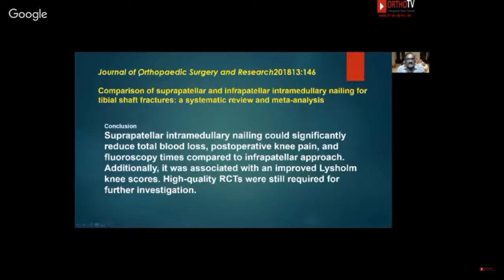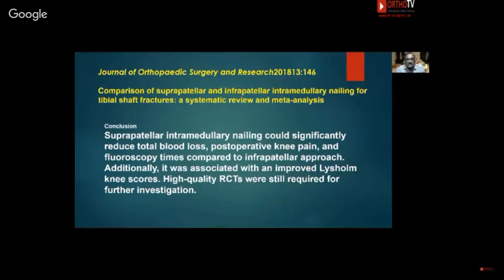Now these are the recent articles. There is a 2018 article, comparison of suprapatellar and infrapatellar nailing in tibial fracture, a systematic review and meta-analysis. What is their conclusion? Suprapatellar intramedullary nailing could significantly reduce total blood loss, postoperative knee pain, and fluoroscopic time compared to the infrapatellar approach.